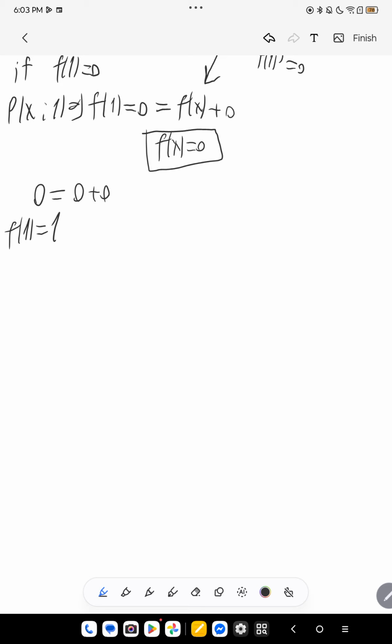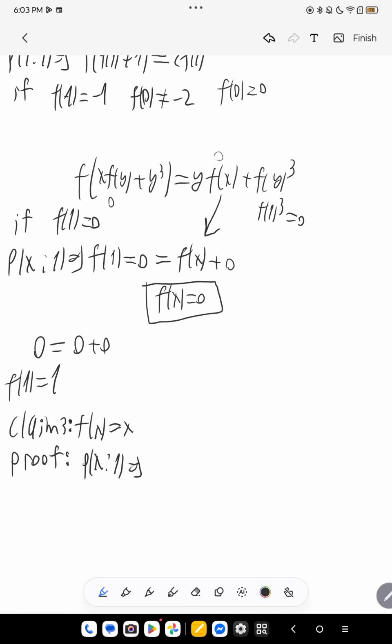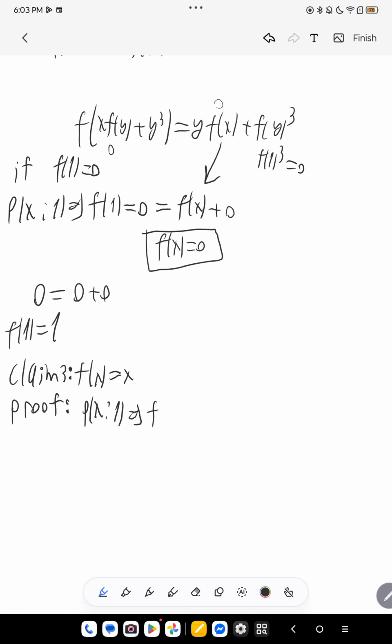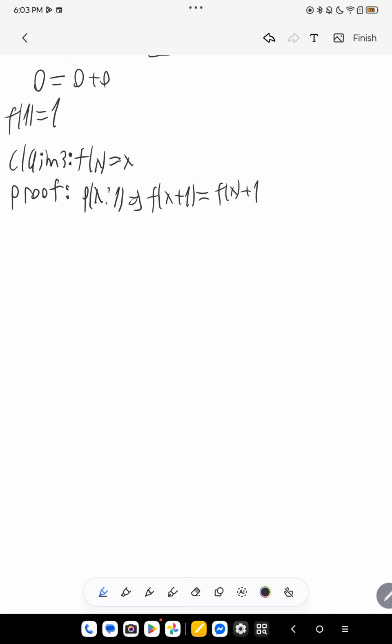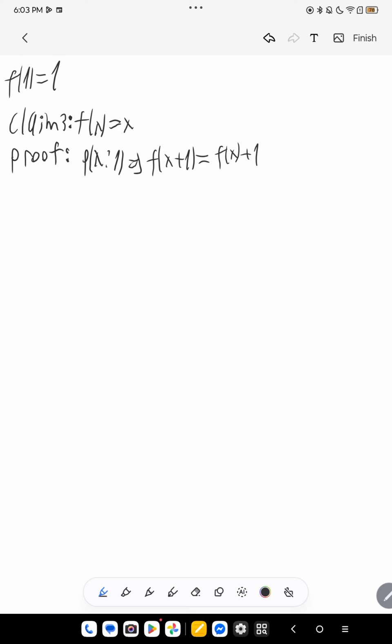Okay, now we will prove that f(x) equals x. And this is our last claim. To prove this, we will use this. From here, we get that f(x plus 1) equals f(x) plus 1. And we will use this like this.